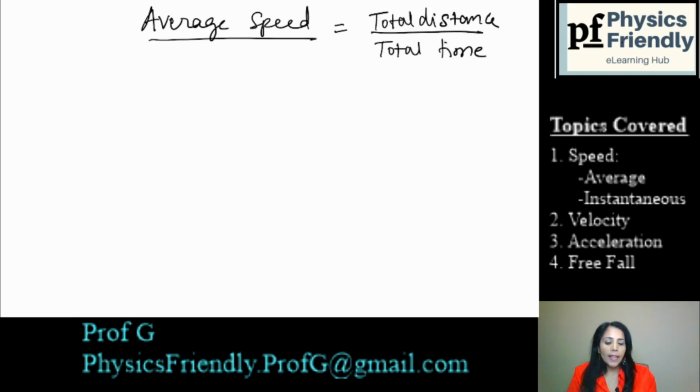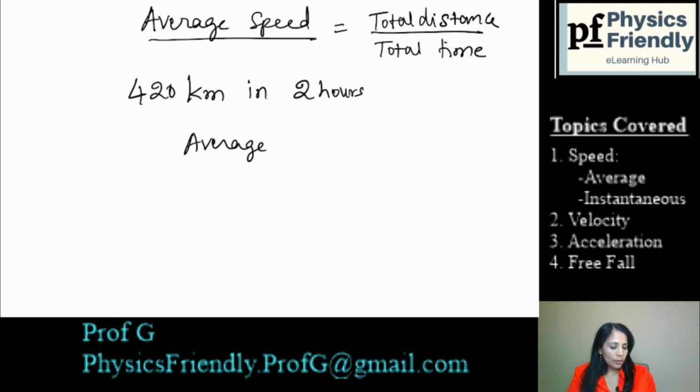Let's say we have an object that covers 420 kilometers in, let's say, 2 hours, right? If we have to calculate average speed for this, that would be 420 kilometers, the total distance covered by this object, over the total time.